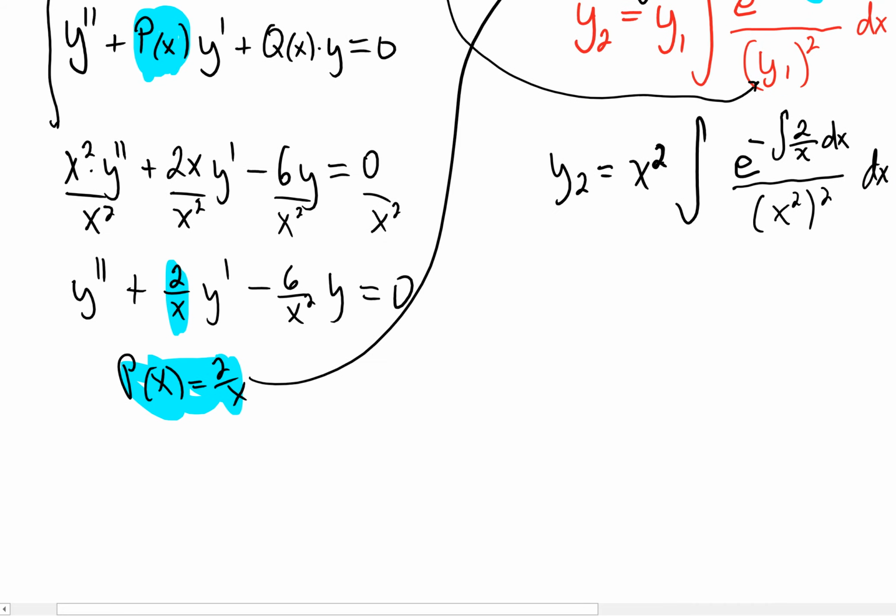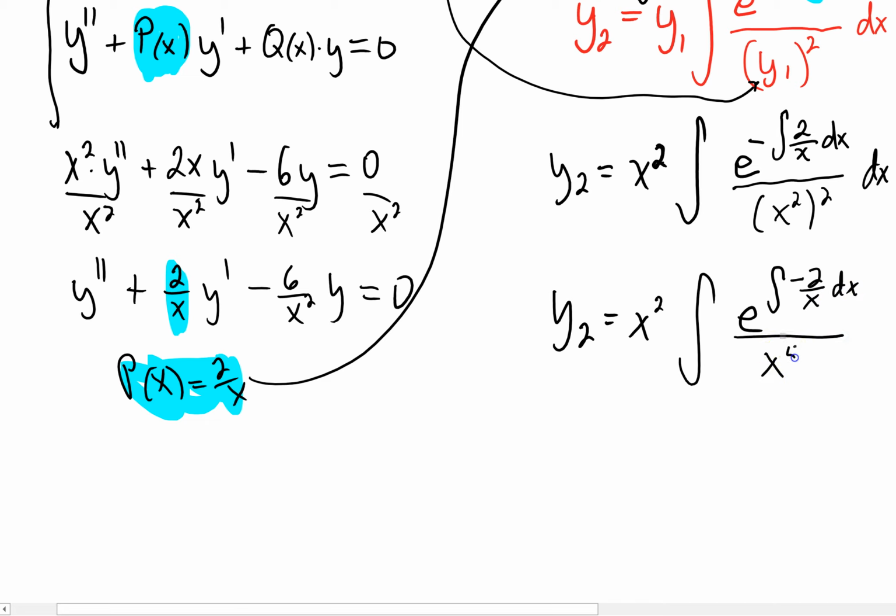Just cleaning this up a little bit, you still have your x squared out in front. Inside here, you could bring the negative inside if you'd like. You could say that's negative 2 all over x dx, and down below you'll have x to the 4th, right?